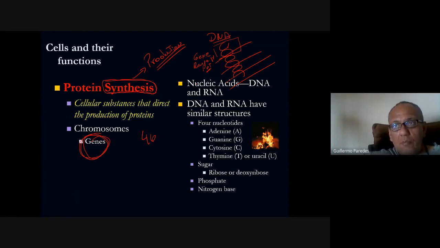Inside each chromosome, you have multiple genes that participate directly in the production of proteins. One gene equals production of a protein. Whatever gene you are talking about, that is the one that produces the synthesis of a protein.